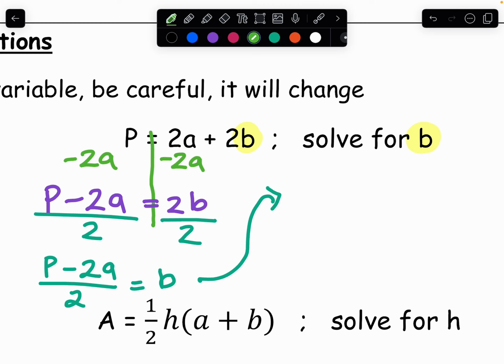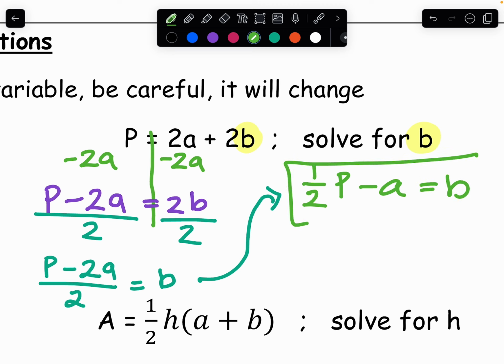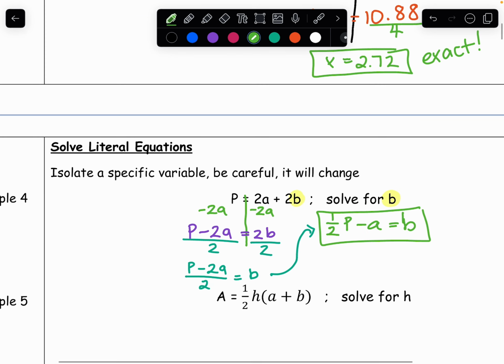But because we are Algebra 2 students, we can take this one step further and simplify those fractions to get 1/2 p minus, well, 2 over 2 is 1, so minus a equals b. That would be another way that we can write it, okay? So that is how literal equations work, solving for a specific variable.